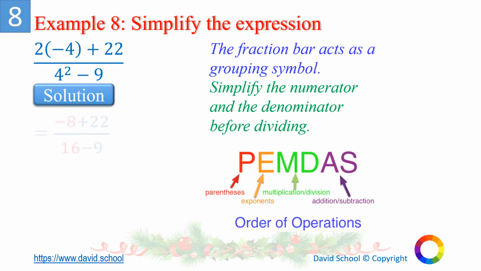We use order of operations. 2 times negative 4 is negative 8, plus 22, over 4 squared is 16, minus 9. We simplify numerator and denominator separately. Negative 8 plus 22, which is 14, over 16 minus 9, which is 7, which is 2.